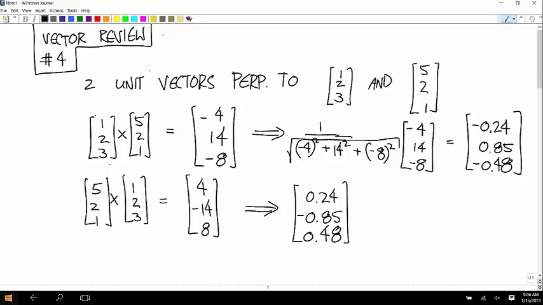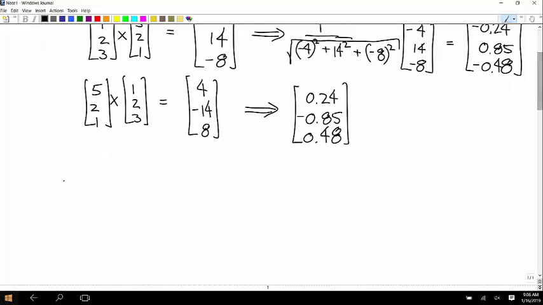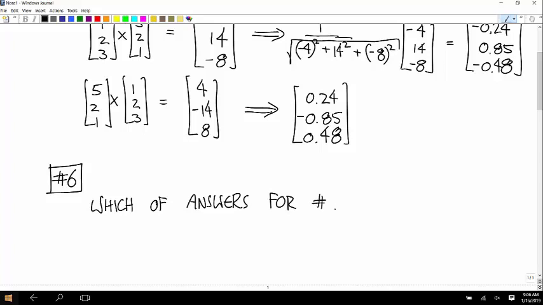And so now finally we get to number 6, the one you asked about. And it says, which of the answers for number 4 is in the direction of 1, 2, 3 cross 5, 2, 1.